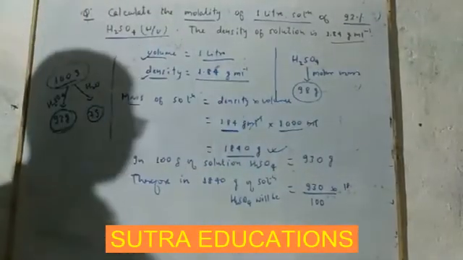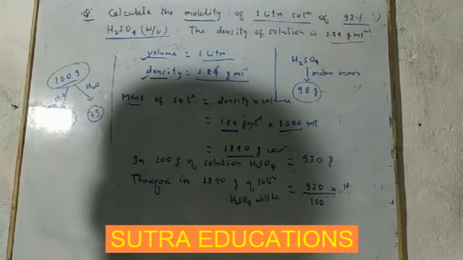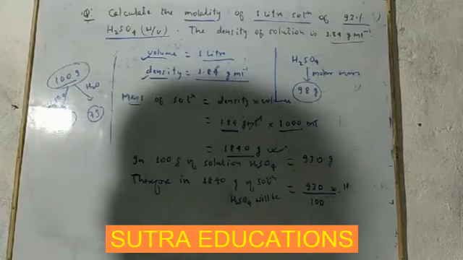In 100 gram of solution H2SO4 is 93 gram, so in 1 gram it will be 93 upon 100.